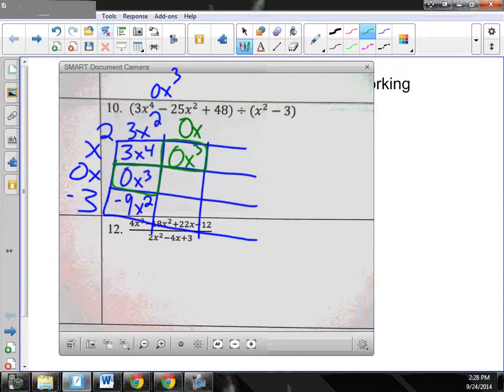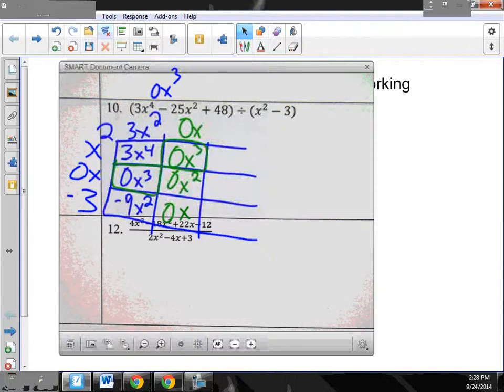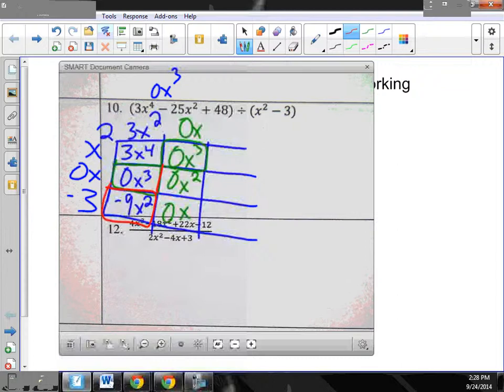Well, what is 0x times the remaining two terms on the left side? 0x squared and 0x. Okay, so now I look at this diagonal, and that diagonal needs to sum to be negative 25.